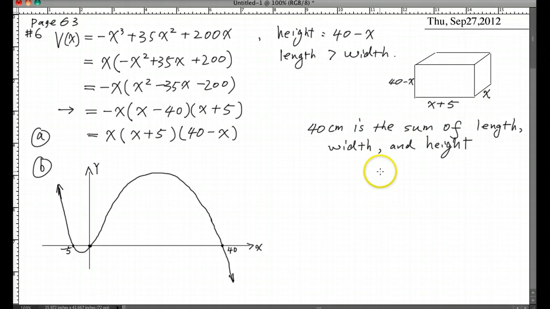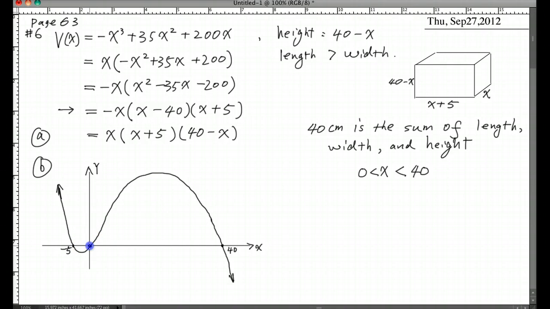So this polynomial function has a domain. x must be greater than 0 and smaller than 40, otherwise you can't form a box. Only this section of the graph is valid, from 0 to 40 for x.